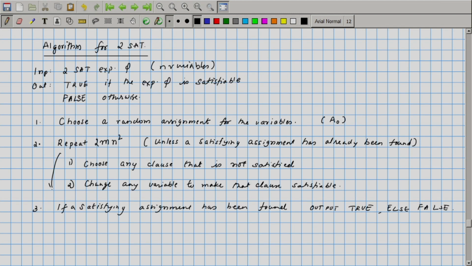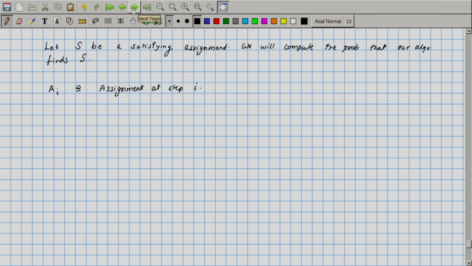Here the algorithm keeps on modifying the random assignment, and at the ith step there is a certain assignment of values to the variables of our expression. So, A_i denotes that assignment, and let X_i denote the number of variables in A_i which agree with S.